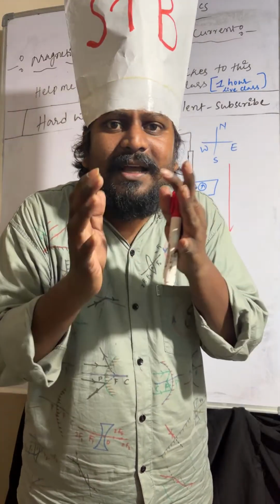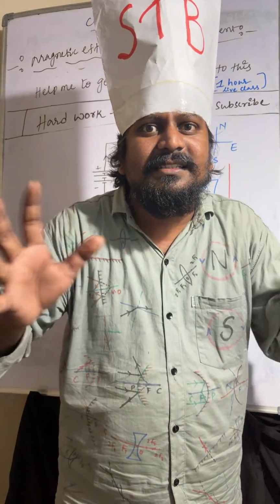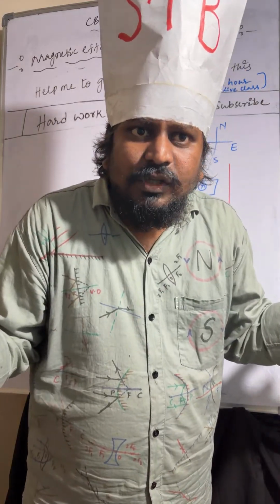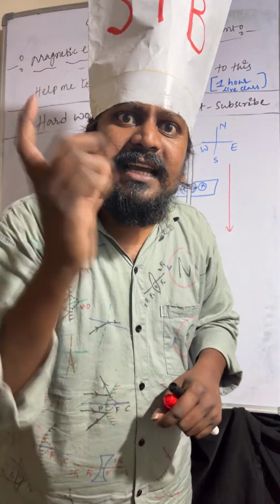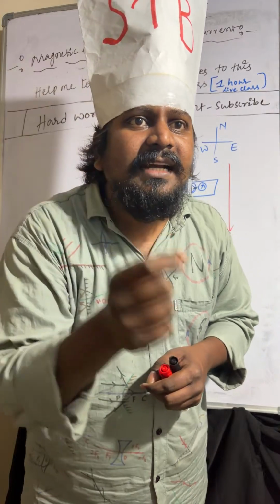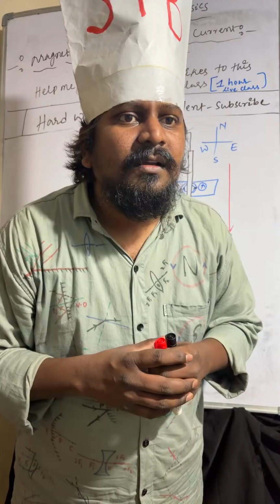A compass placed near to a current carrying conductor suddenly gets deflected. By observing that, he gave that relation: there is a relation between electricity and magnetism. Understood or not?